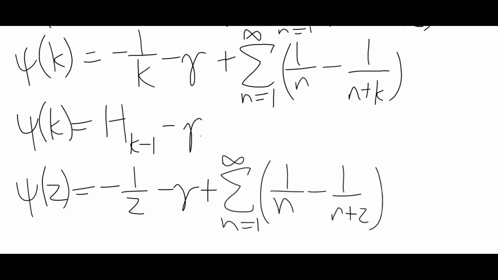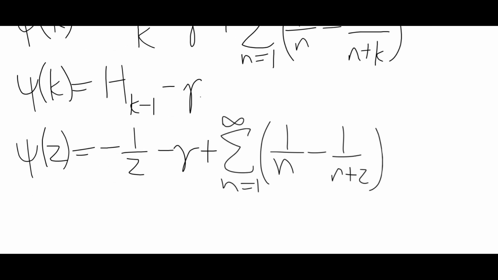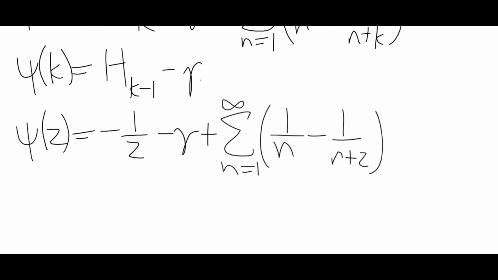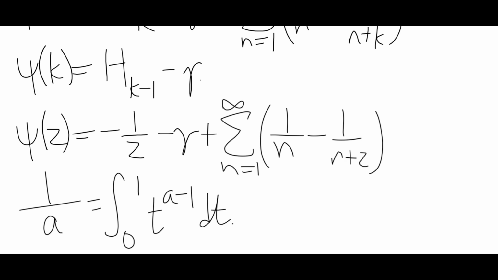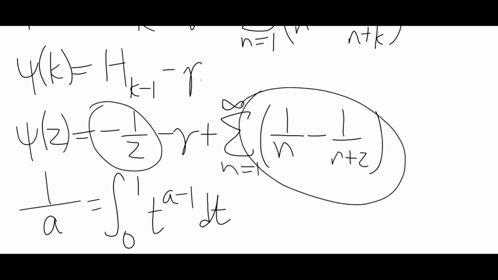So the trick is to notice that if you have 1 over a, you can write that as the integral from 0 to 1 of t to the a minus 1. Okay, that's pretty silly, but if we do that for this term and each of these terms, we end up with an interesting integral that we can compute for many values of z.